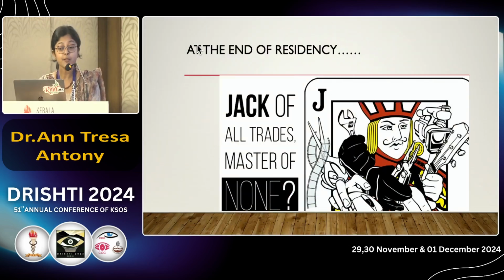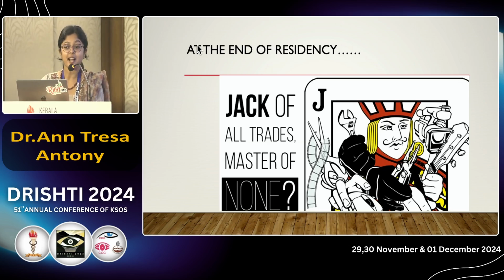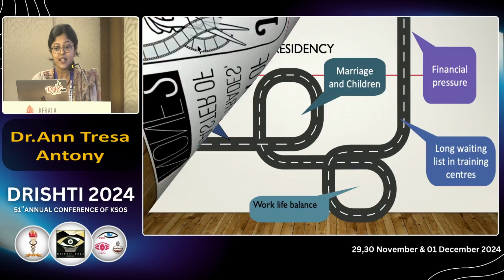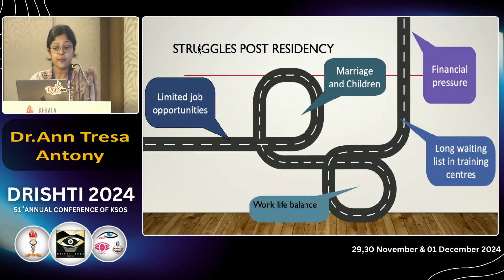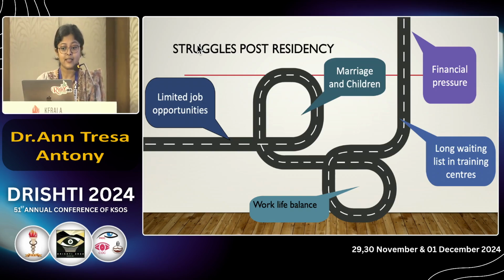This is what happens at the end of your residency, and everyone's residency. You are the jack of all trades, but the master of none, and this makes the fellowship a necessity. These are the struggles we go through post residency. Every institute now requires an ophthalmologist with a fellowship, and if you apply to a training center, there will be a long waiting list.